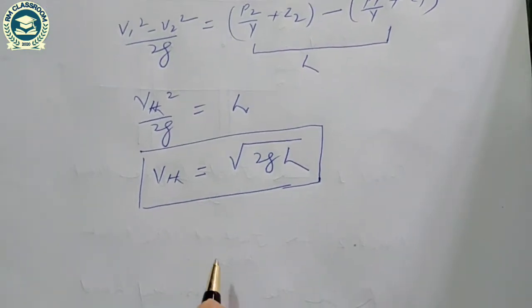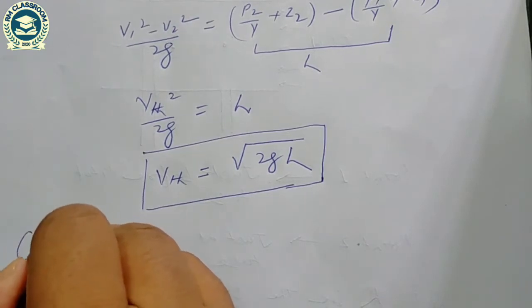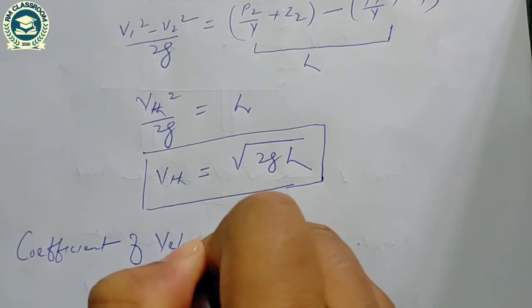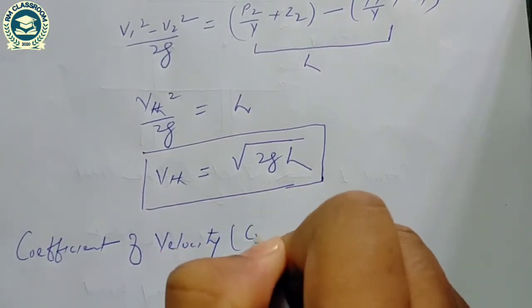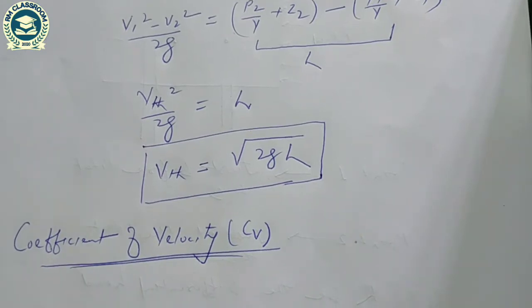Here a new term I am going to introduce, that is the coefficient of velocity, CV. We have already discussed the coefficient of discharge and coefficient of contraction. The coefficient of discharge is the ratio of actual discharge to the theoretical discharge, and the coefficient of contraction, which I discussed in the last class, is the ratio of area at the vena contracta to the original area.